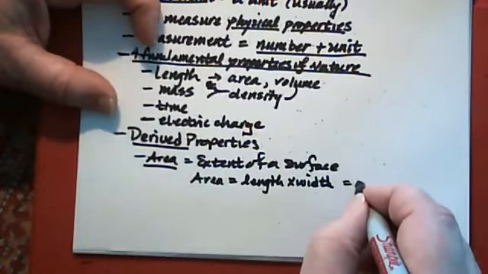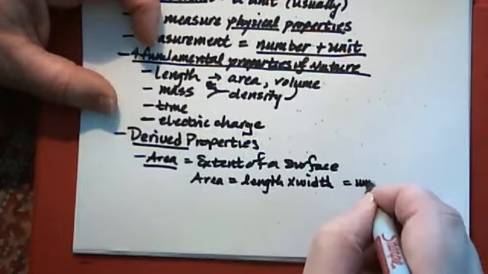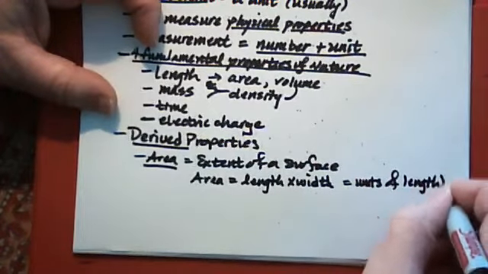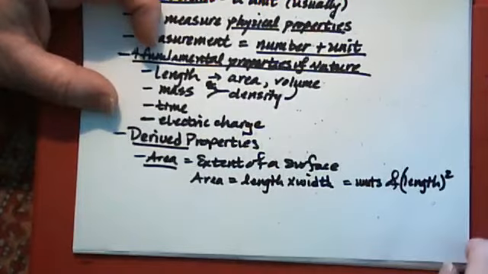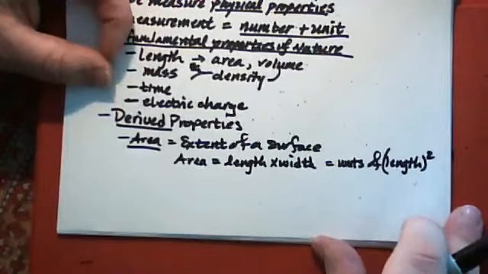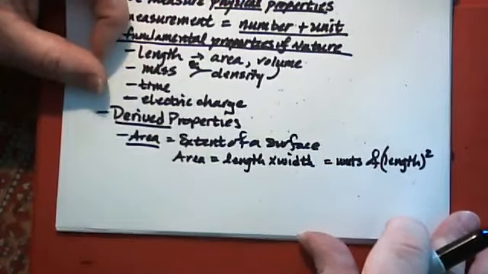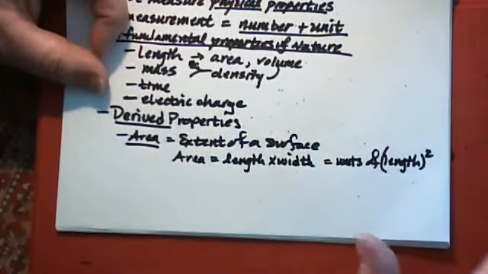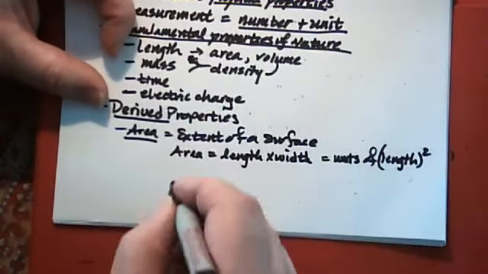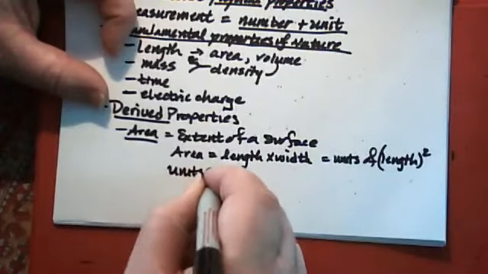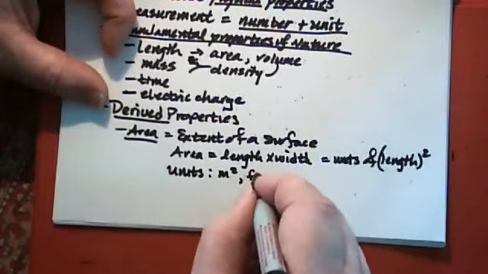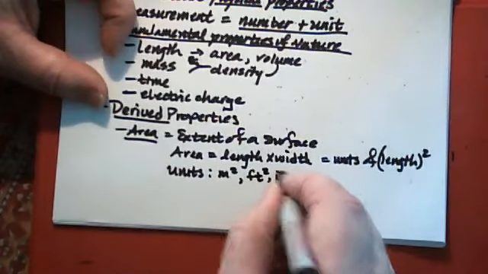And so the units would be length units squared. So think of any unit of length, and if you square that, then you have an area. So like square feet or square inches or square meters, square miles, those are all types of area.